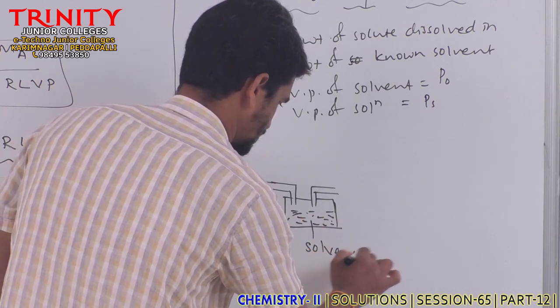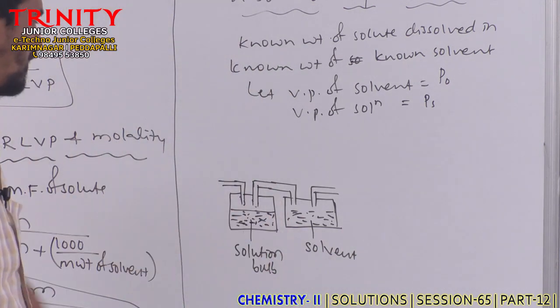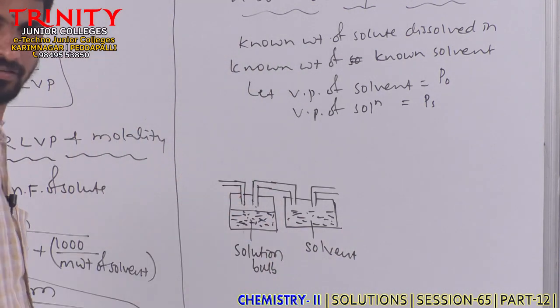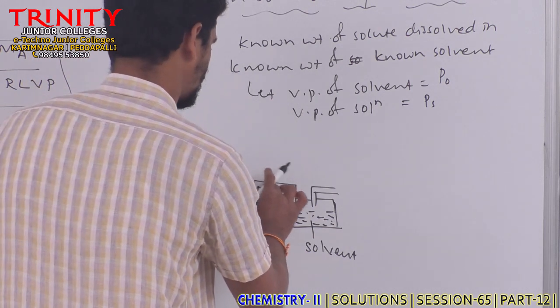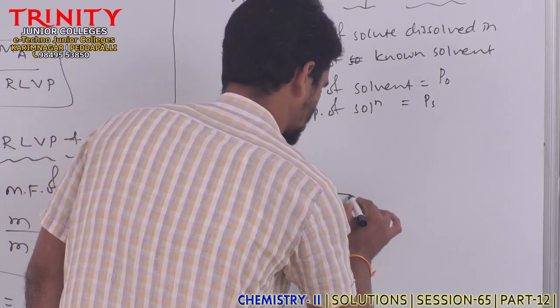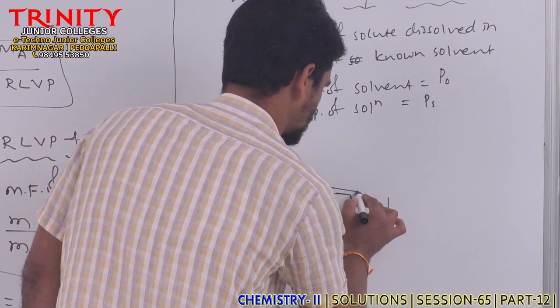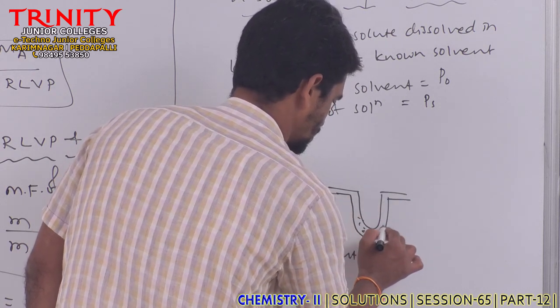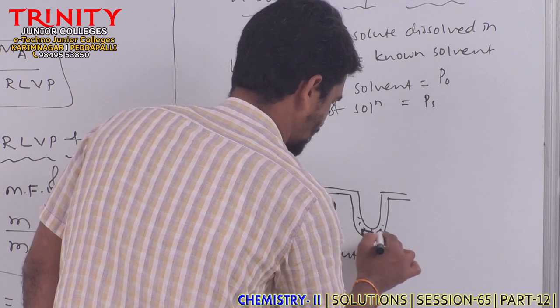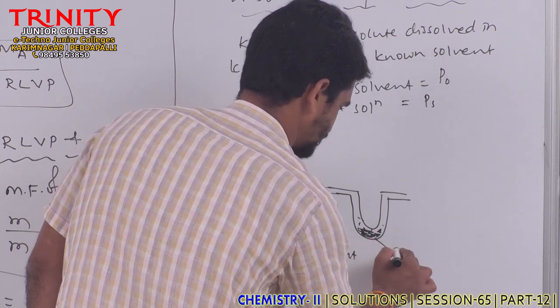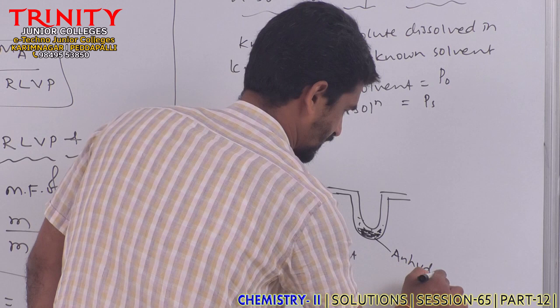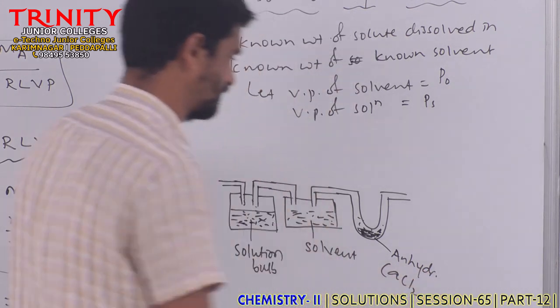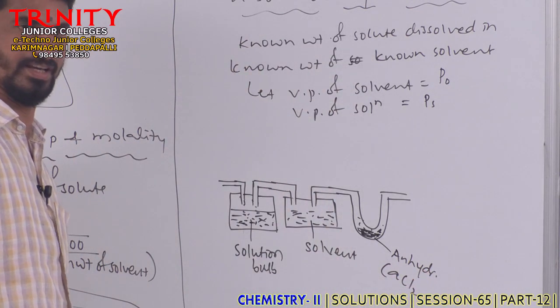The solution bulb and solvent bulb are connected in series through tubes, and these are further connected to a U-shaped tube containing anhydrous calcium chloride, or any dehydrating agent.